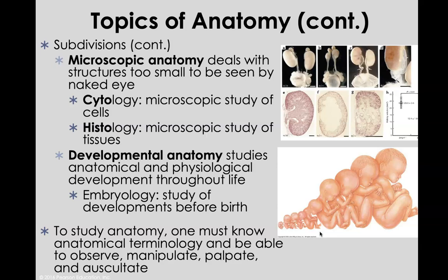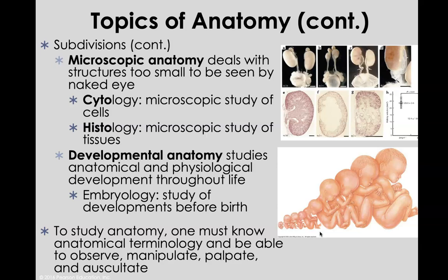But anytime that you can observe this anatomy on a friend of yours, or someone that maybe lives in your house, and you say, hey, can I just go through some anatomical terms on you real quick? It's one of the best ways that you can do some active learning. Anytime you can manipulate even yourself.